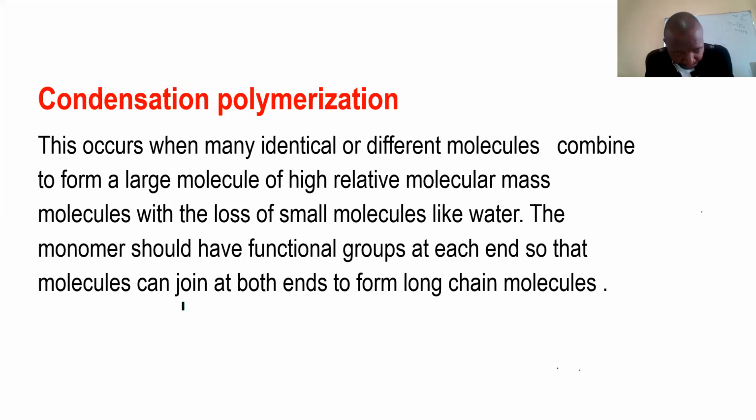The monomer should have functional groups at each end so that molecules can join at both ends to form long chains. So this one is very different, that you form a high molecular mass with lots of small molecules like water.